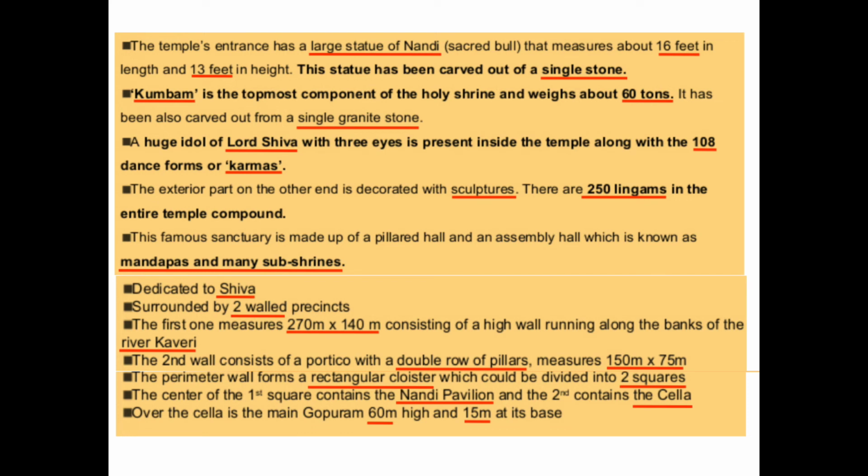The perimeter of the wall is a rectangular cloister that could be divided into two squares. The center of the first square contains the Nandi pavilion, and the second contains the Sella. Over the Sella is the main gopuram, 60 meters in height and 15 meters at its base.